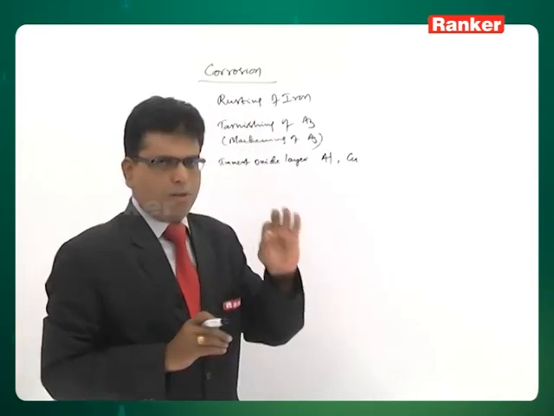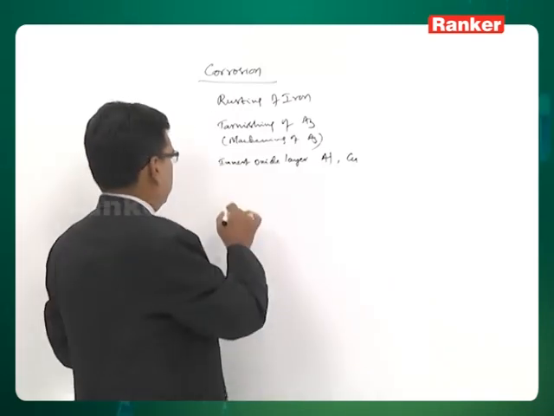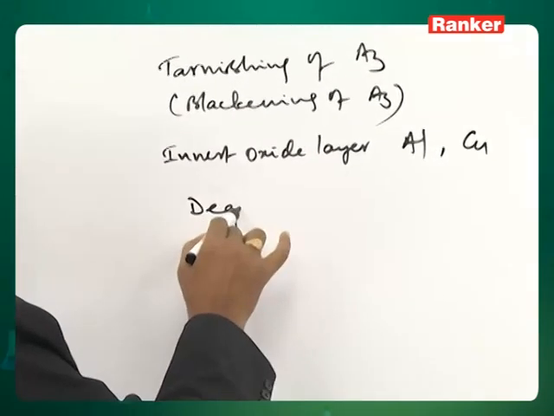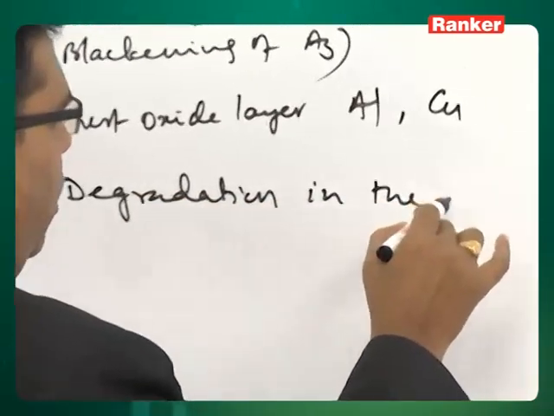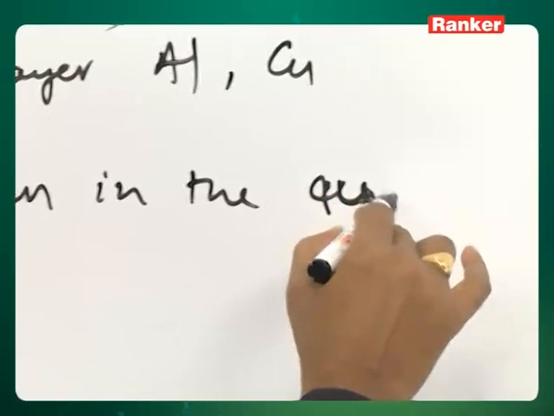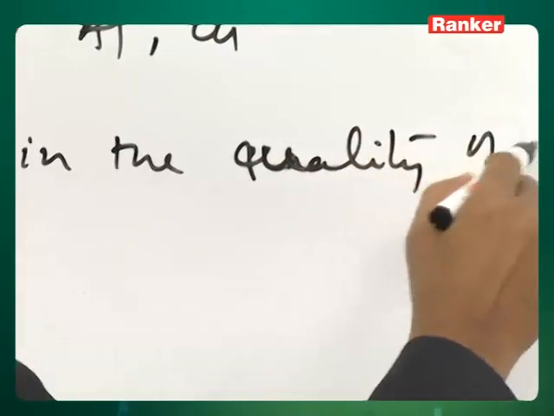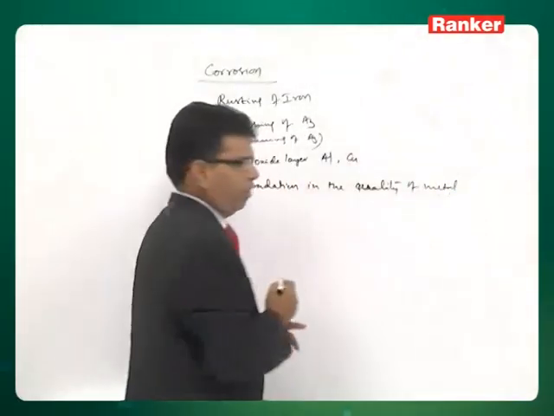So basically what is corrosion? Corrosion is nothing but degradation in the quality of metal. Why will there be a degradation?